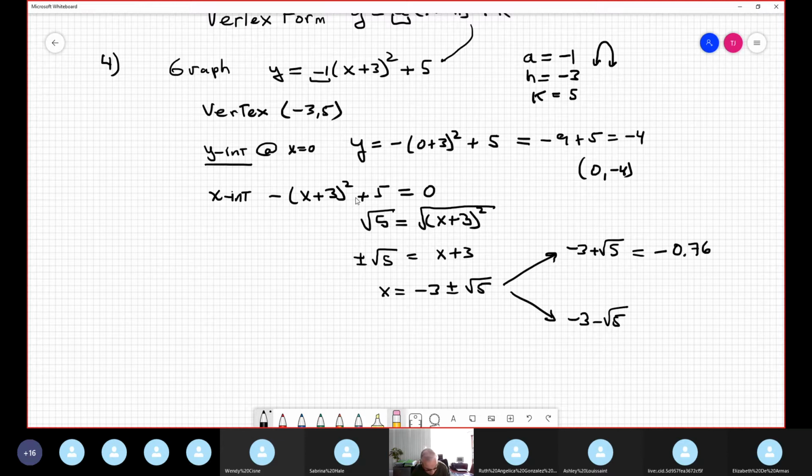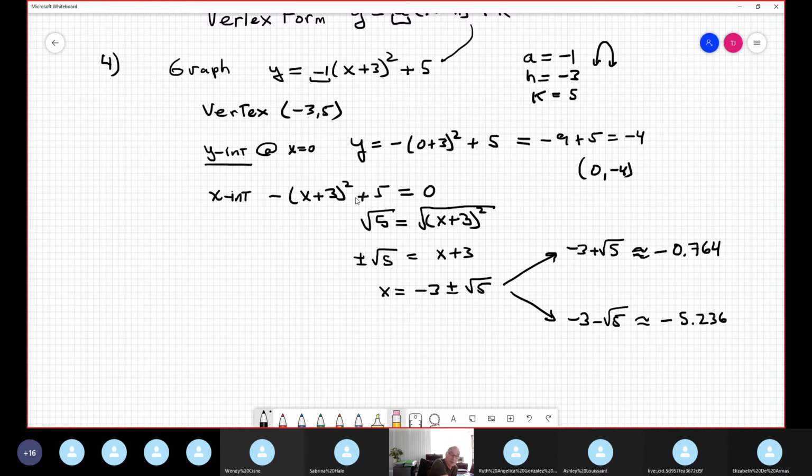You round, 3 decimal places is enough, so it's 0.764. Okay, so you truncate it. This is approximately that. And this is approximately, you see, -3 minus the square root of 5. Oh, it's minus again, both negative. 5.236. Okay, I need to copy this value.